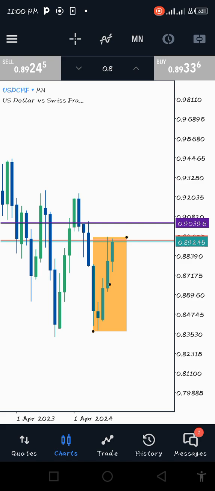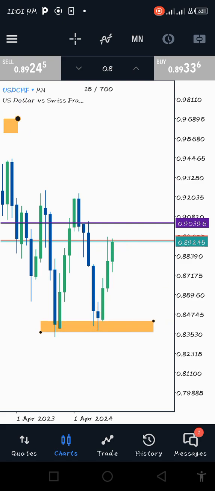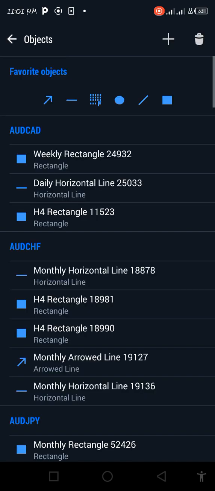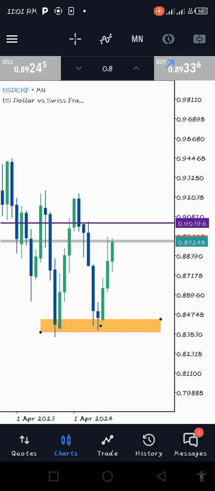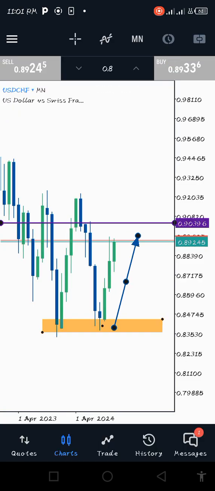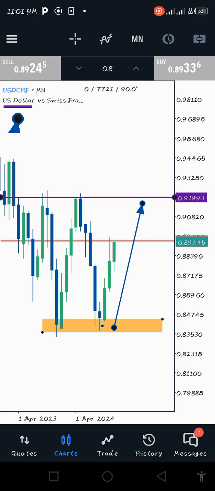So we are just looking for more buying opportunities from this zone on the monthly time frame, up to this zone. Simple and clear. So moving to the lower time frame, we are just looking for more buying opportunities on this pair.